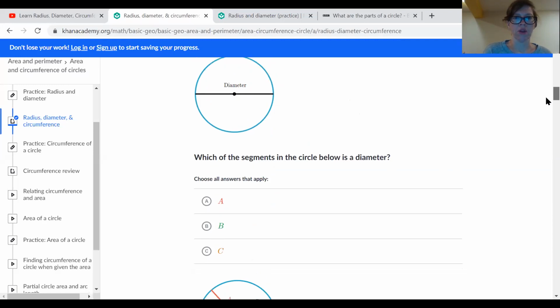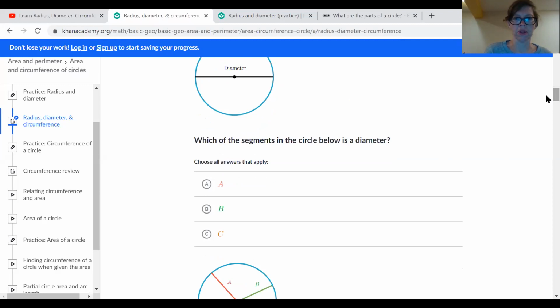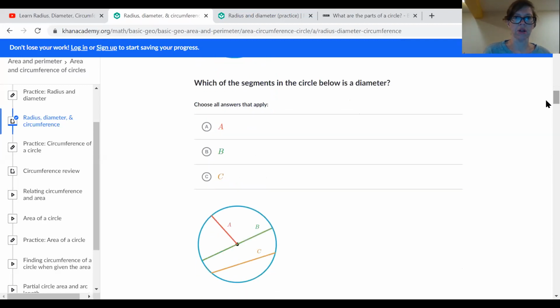So it says, which of the segments in the circle below is the diameter? So is it A, is it B, or is it C? So I want you to write down on a piece of paper what you think is the answer, and then we will check to see.